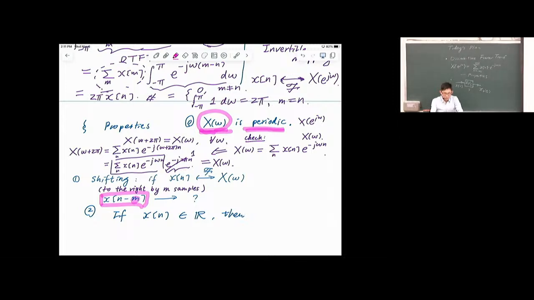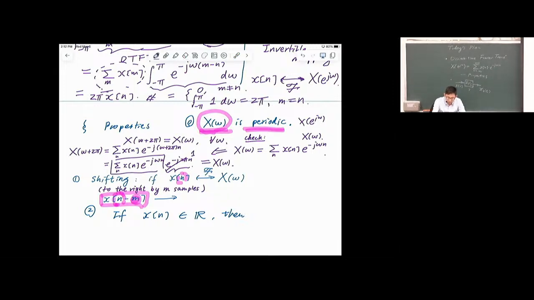Where m is a fixed delay, or if you will, a shift, and n is our time index. So now when we shift our signal to the right by m samples, what happens in the frequency domain? That's the question. That's a property, and it turns out that I'm going to show this.